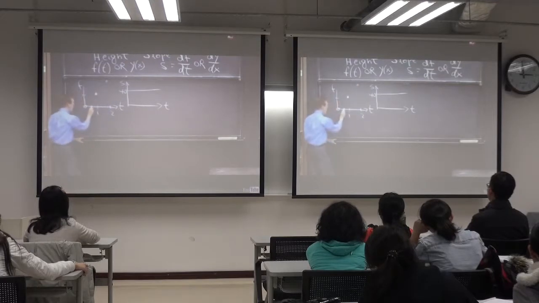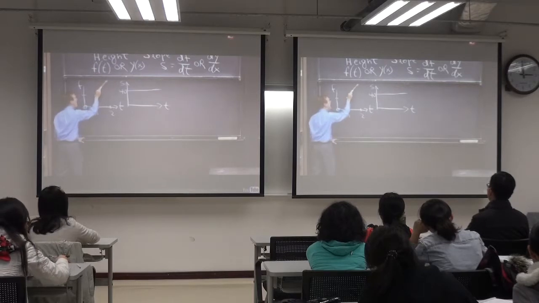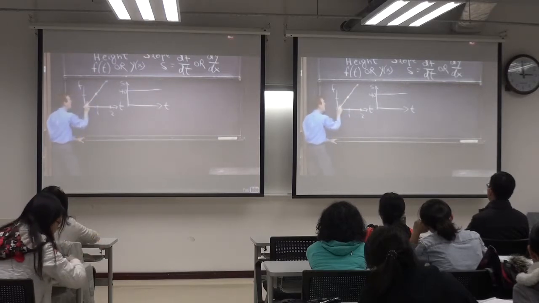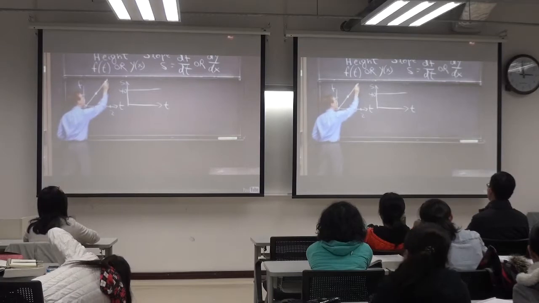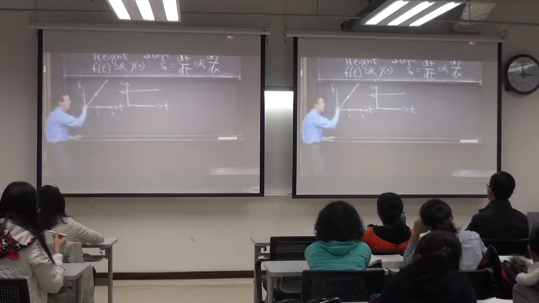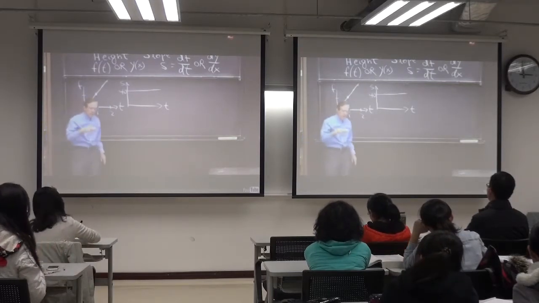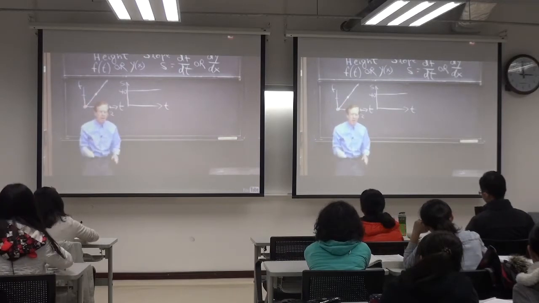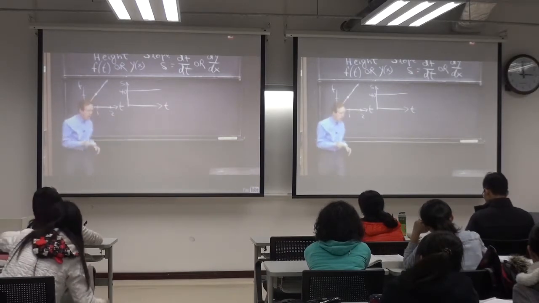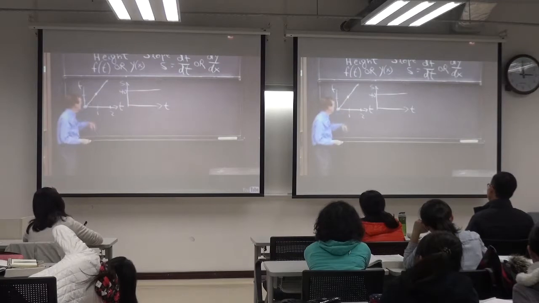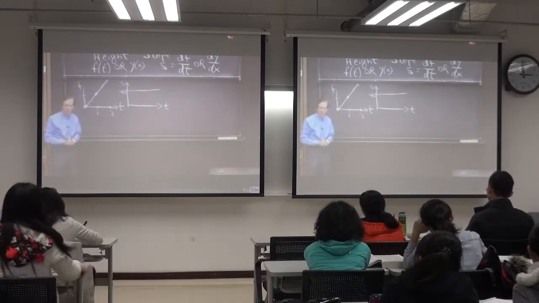At t equal to 1/2, half an hour, I've reached 20. Those points lie on a line. The graph of distance covered when you're just traveling at a steady rate, constant speed, is just a straight line.